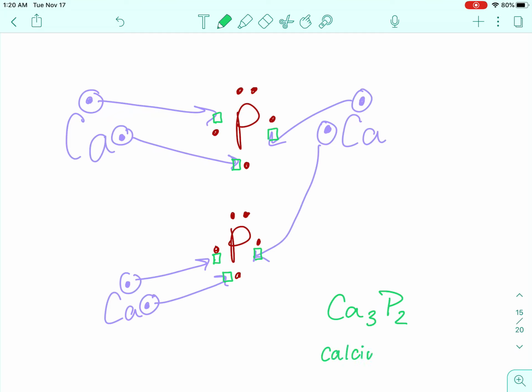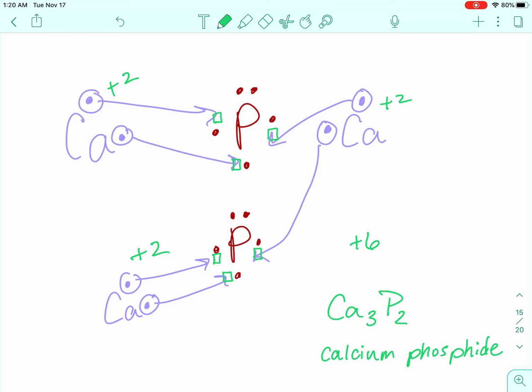And then the name is calcium phosphide. That's the name. So each of these calciums is +2 because they each lost 2 electrons. So if we add up all my positives, 2, 4, 6, so it's going to be +6, okay?